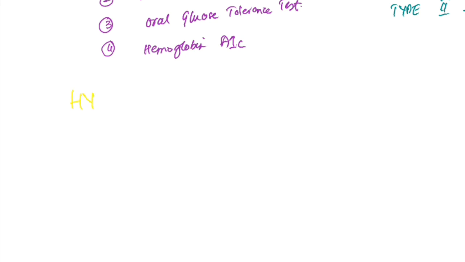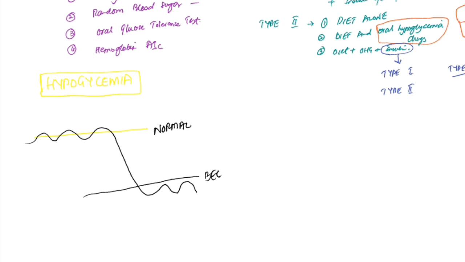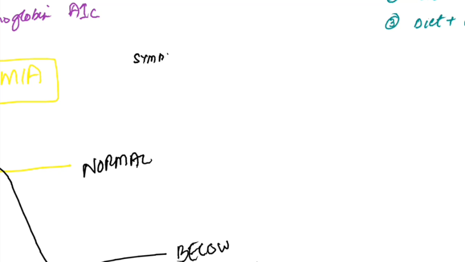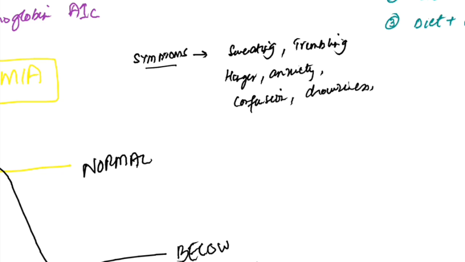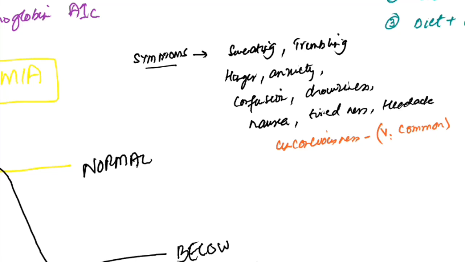Now I'll tell you about hypoglycemia. Hypoglycemia is a condition in which the sugar level or the blood glucose level falls below the normal level of our body. This may be due to low glucose intake or extremely high doses of oral hypoglycemic drugs. The signs and symptoms of hypoglycemia may be sweating, trembling, hunger, anxiety, confusion, drowsiness, nausea, or even unconsciousness, which is very common to happen.